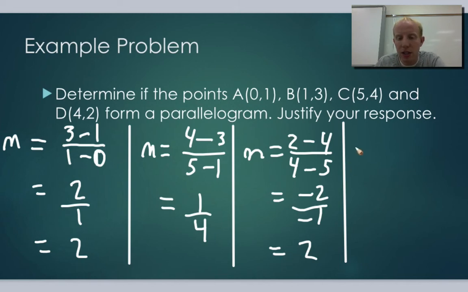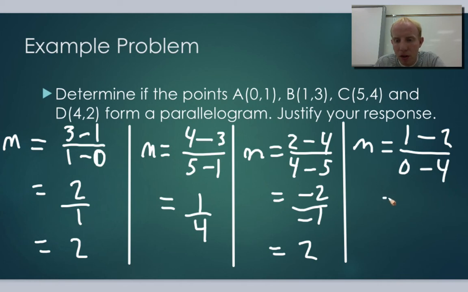Let's check on the last side. Now we're doing D to A. So A is going to be our second point, D is going to be our first point. So y2 is going to be 1, y1 is going to be 2, x2 is going to be 0, x1 is going to be 4.